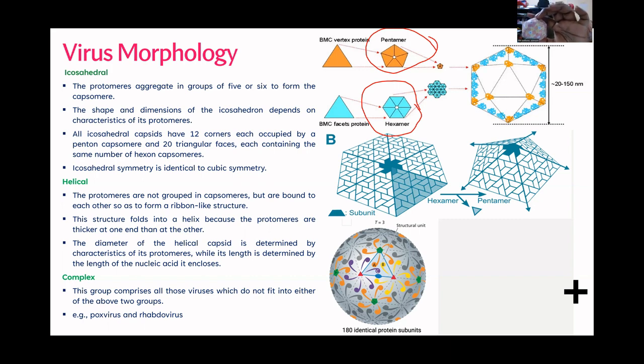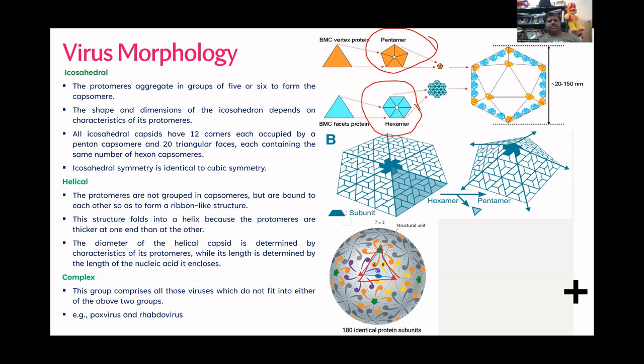Let us consider these 3 dots as 3 different protein subunits that make up the virion. For instance, in this case, you can see that there are 3 proteins here: protein chain A, chain B, and chain C, which can form the icosahedron shape.